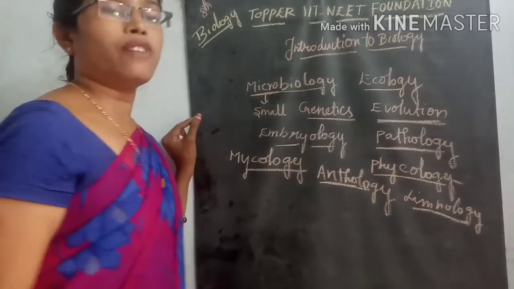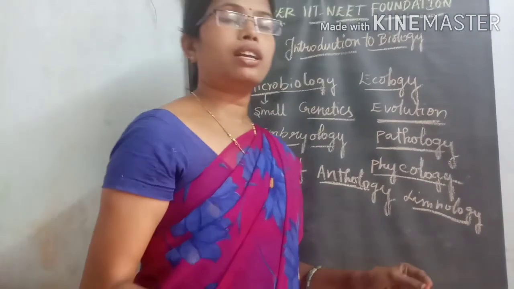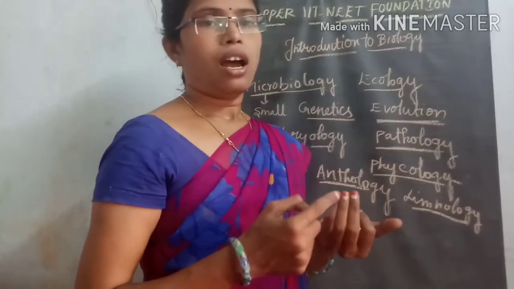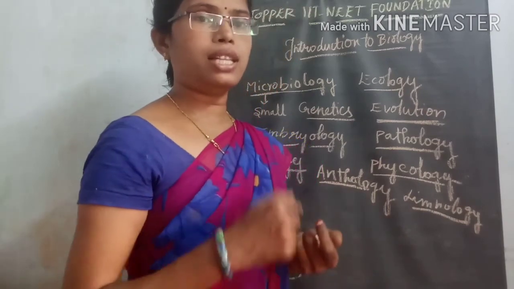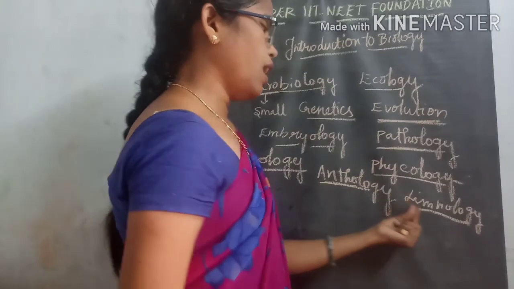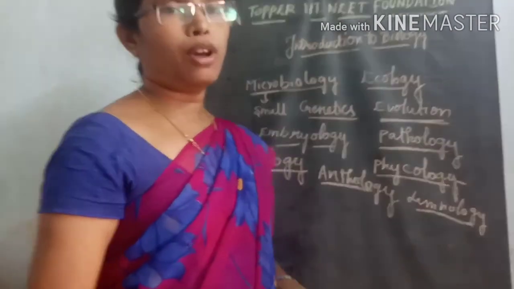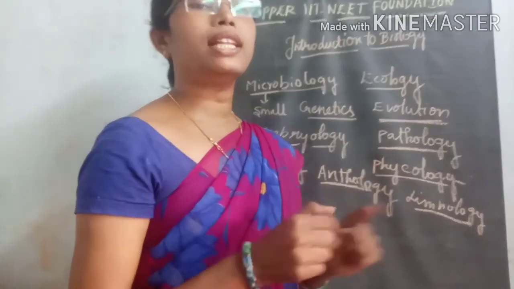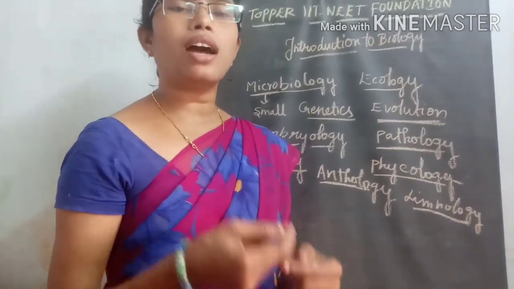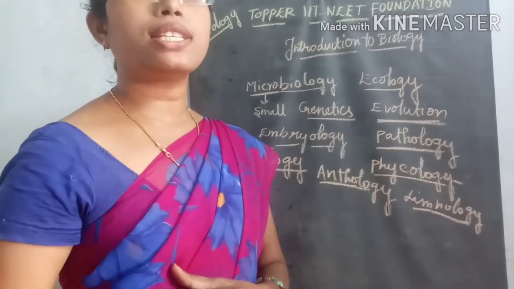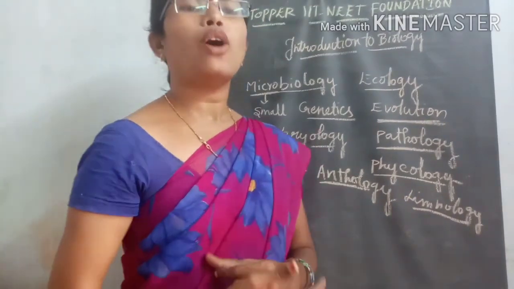The study of freshwater aquatic organisms like fishes, oysters, mussels, crabs and other varieties of organisms comes under limnology, the study of science which mainly deals with freshwater organisms and their growth. What is that science? Limnology.